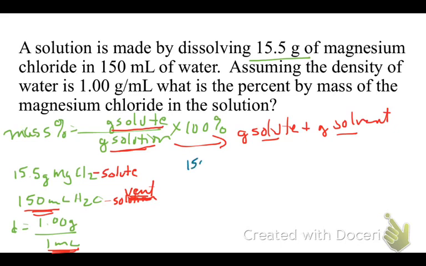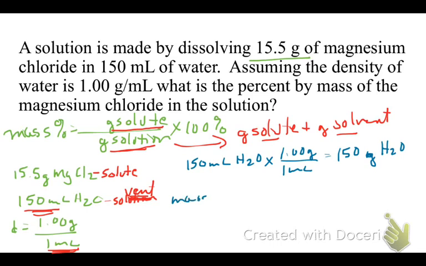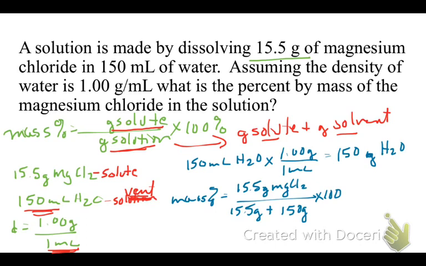So I have 150 milliliters of H2O times, in 1 milliliter, I have 1.00 grams. That's going to give me 150 grams of H2O. So my mass percent is going to be 15.5 grams of the magnesium chloride in 15.5 grams plus the 150 grams times 100.